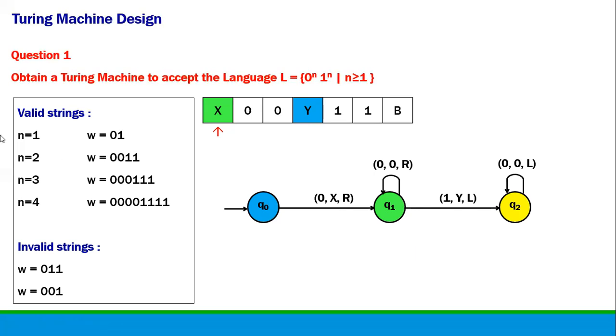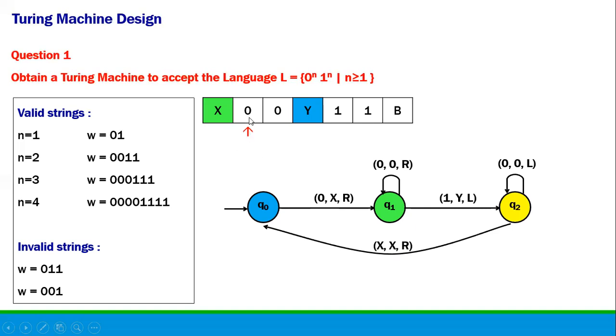I will change the state and I will move right. Again the same procedure continues: for 0, I should change it to X. Once I read X, I will change the state to q0. I will not change the content, but I start moving to right.